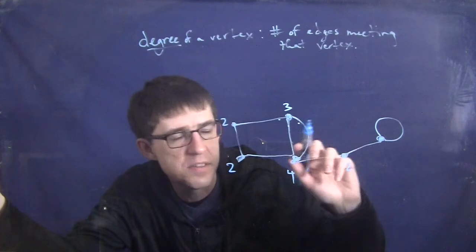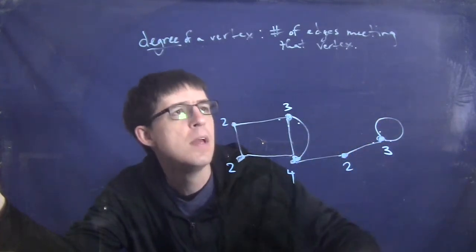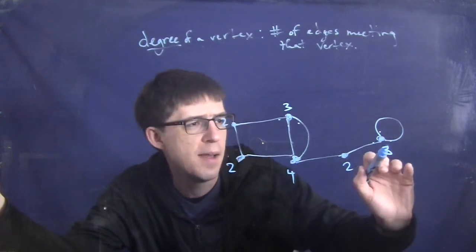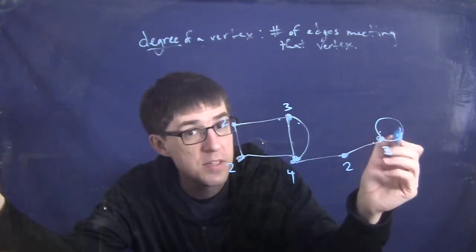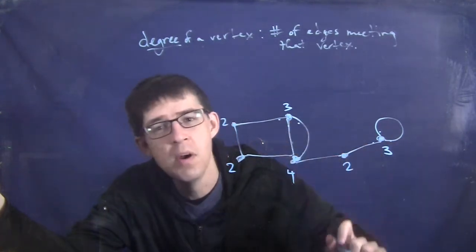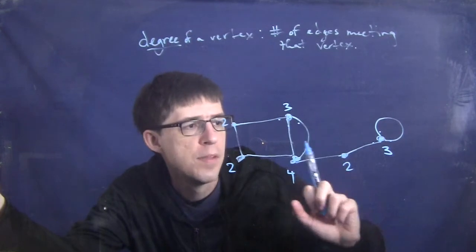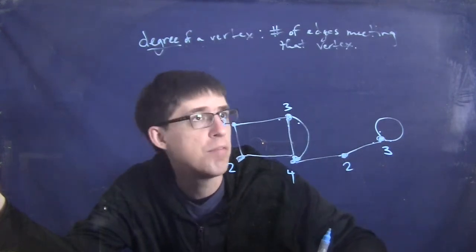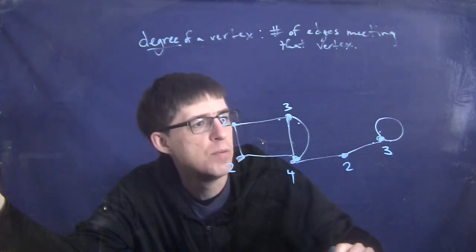And this one over here, this is a little technicality in the definition. The degree here counts as 3. So even though I said it's the number of edges, and I suppose this one you might say this edge is really the same as this one over here, it still counts as 2 separate contributors to the degree. So this one has degree 3. Really, technically, you might say it's the number of ends of edges which meet that vertex.